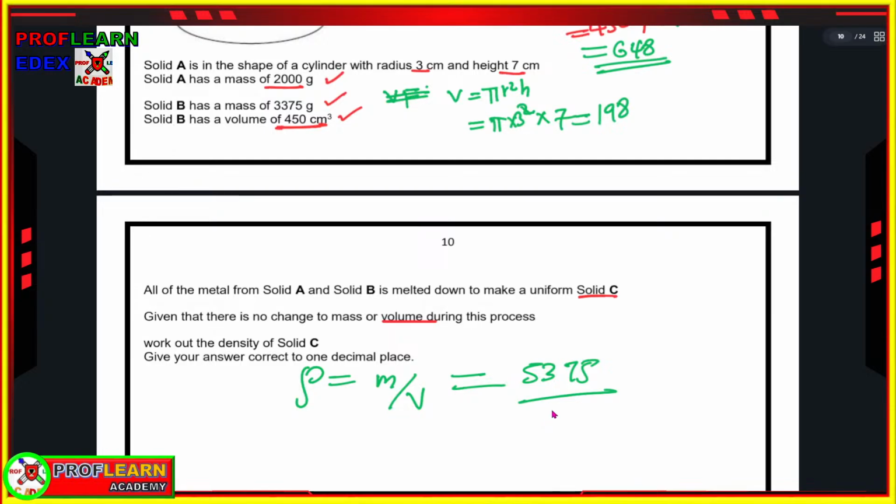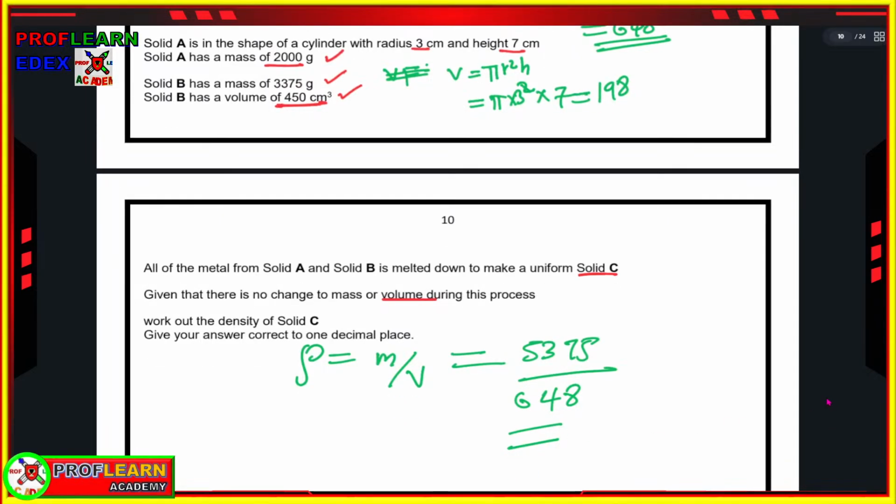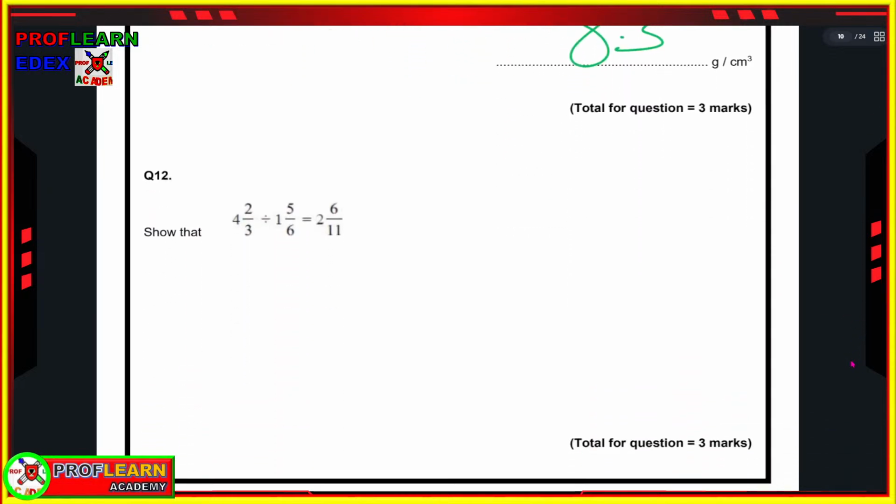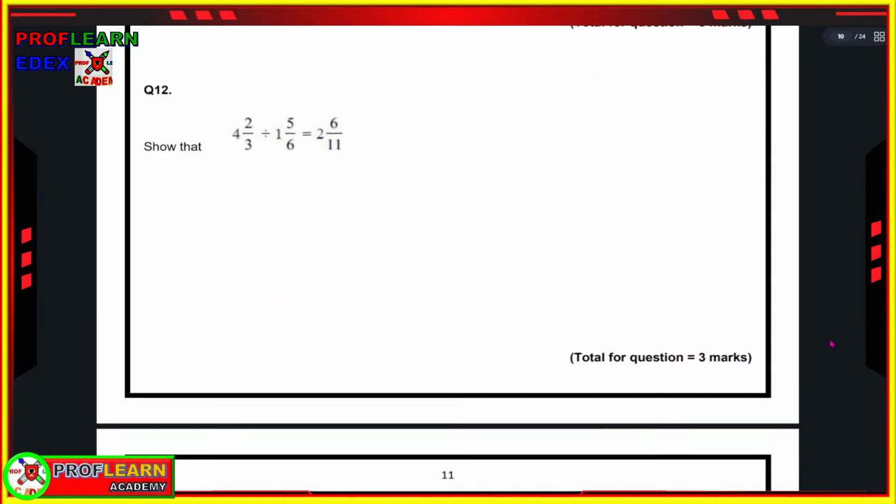Over the total volume, which is 648. And the answer becomes 8.3. 8.3.